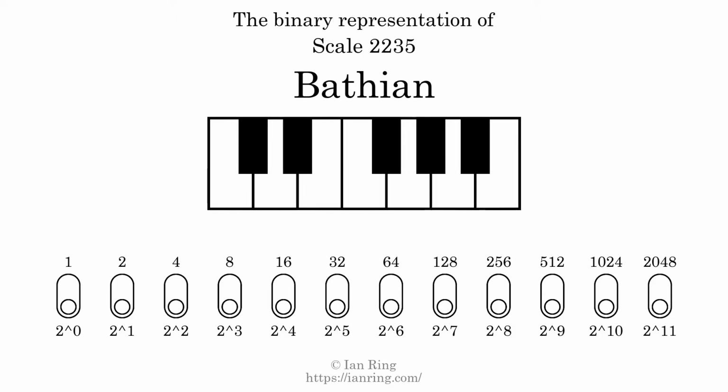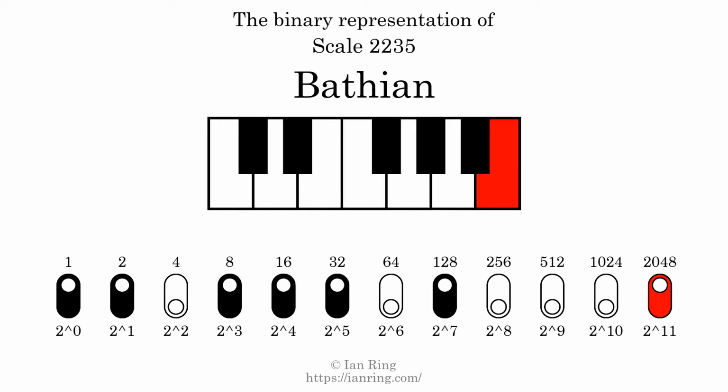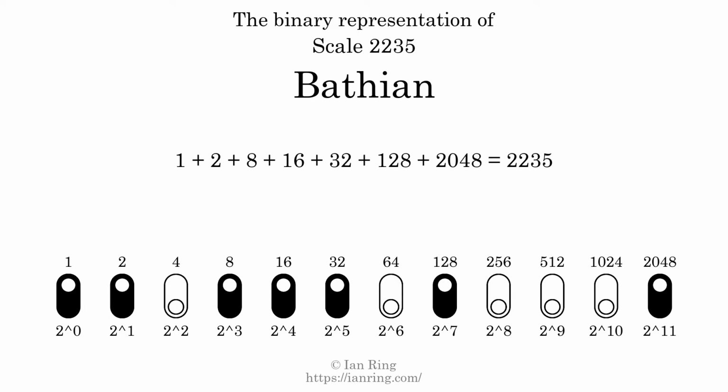The binary representation of this scale is determined by mapping tones of the scale to binary digits. Each binary digit represents a power of 2. To get the scale number, we add the powers of 2 together. The powers of 2 that are present in the scale, all added together, equals 2235.